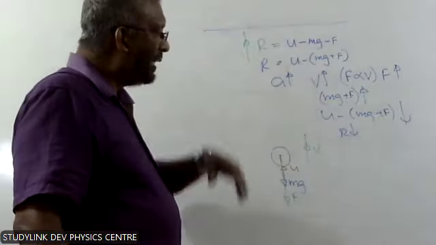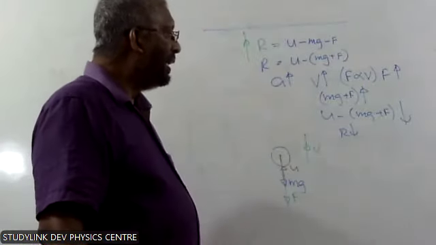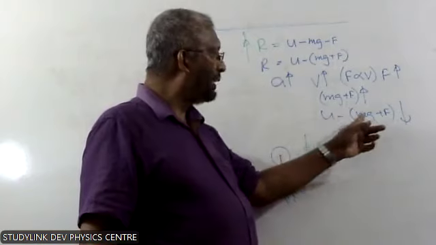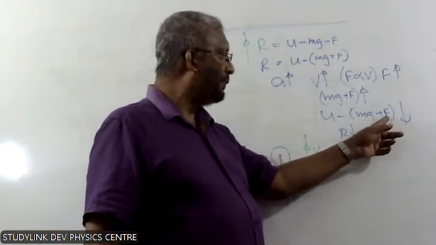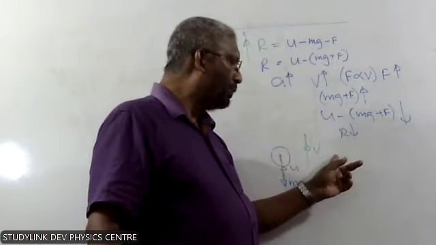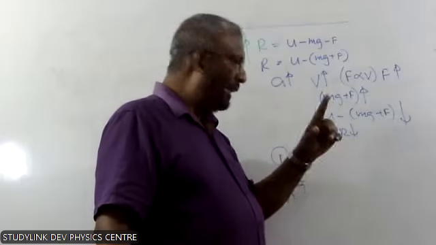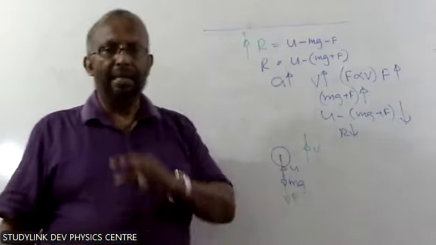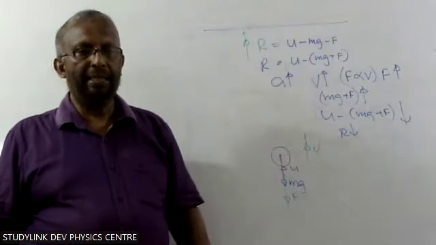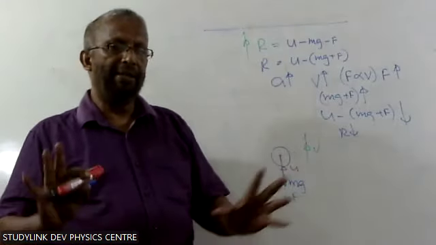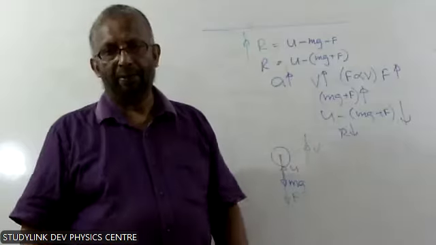In this way it goes on, until there is a situation where U is equal to mg plus F. Then the resultant force becomes 0. After that, no further acceleration. In that situation the sphere attains the maximum velocity. After that, there is no increase of velocity.